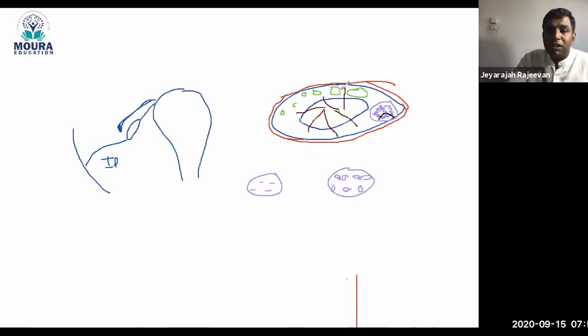Understand? So when you see this ovary, during ovulation, during ovum development, the primordial follicles will convert to primary follicles, then to secondary follicles, and then secondary follicles will convert to the Graafian follicle. When the follicles are developing, look at the structure of the follicle. This is your ovum.